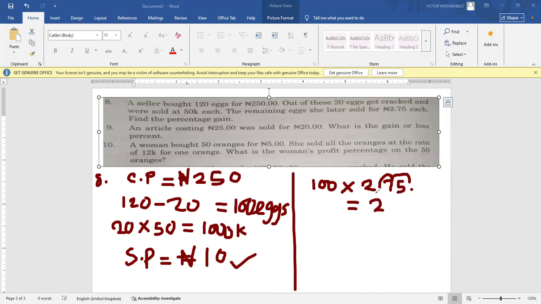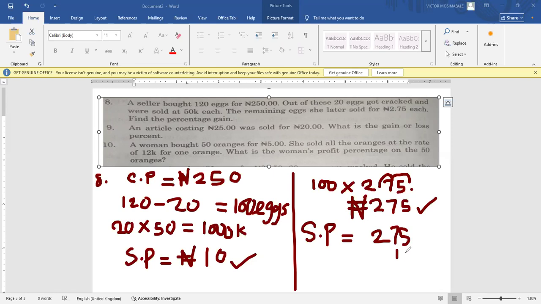You move the decimal point rightward as we've just done. 2 zeros in 100 moves the point 2 places rightward. So that makes it 275 naira. Are we together? So that means the total selling price will be this 10 naira plus 275 naira.